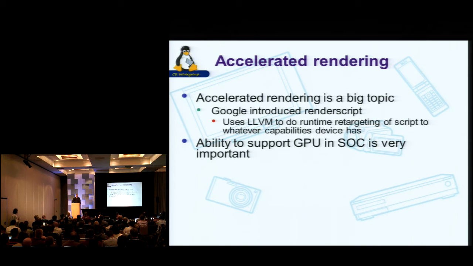I guess you'd call it a JIT, but it does runtime retargeting of some scripts that go along with an Android app to whatever capabilities the device has. And so if there's hardware acceleration, the compiler can retarget some aspects of the graphics rendering to that hardware acceleration. Otherwise, it can be done in software. So that's a pretty interesting development, and one of the reasons that LLVM kind of comes up a lot in discussions about Android graphics.